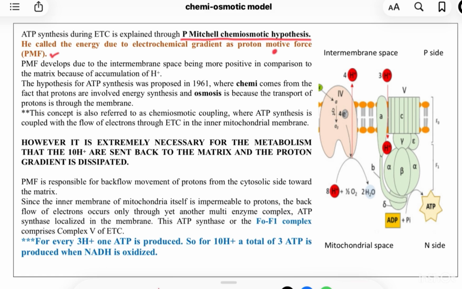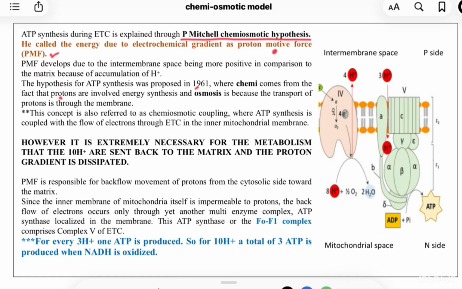According to the hypothesis proposed in 1961, the chemiosmotic model embraces two features of the electron transport chain. Firstly, it is an electrochemical process with respect to the proton accumulation across the membrane. There is a charge separation as well.